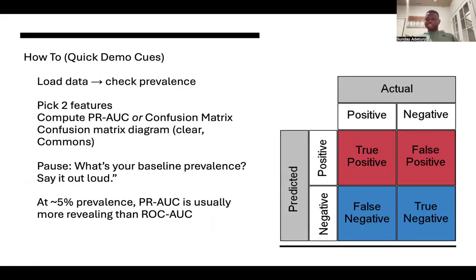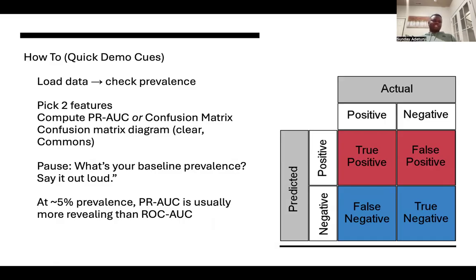How you will do it: open the notebook. Run the first few cells to load and preview the data. I want to give you a few seconds to quickly do that. Compute your dataset's baseline prevalence and say it out loud. Positives are about 4% if you get that, for example.